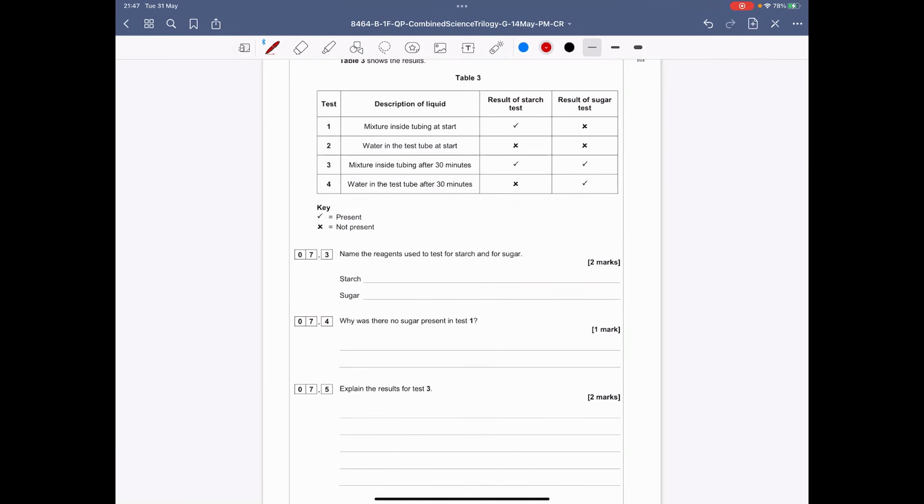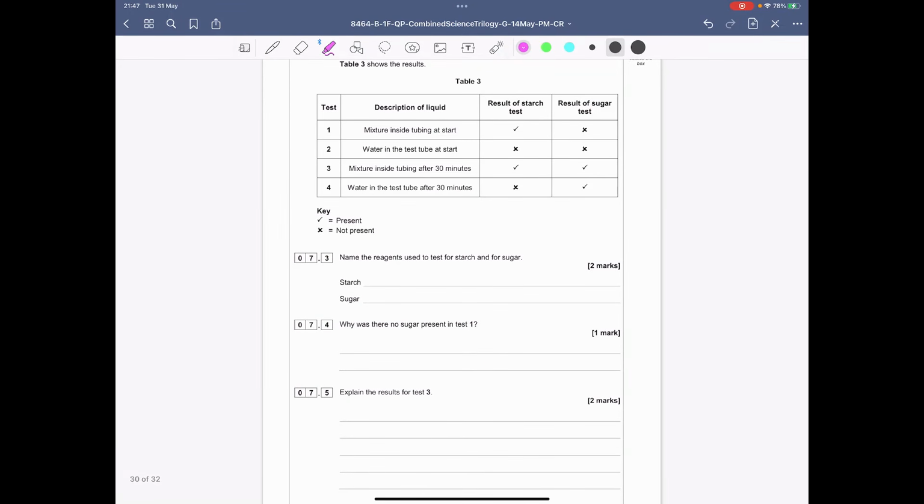Table 3 shows the results, and they've tested the mixture inside the tubing at the start and the water just outside of the tubing at the start. They've tested it again after 30 minutes inside the tubing and in the test tube, for starch and sugar.